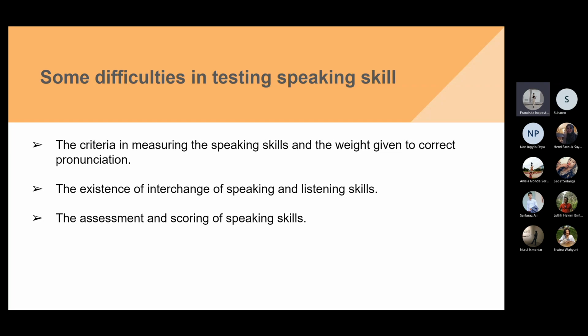And in spite of the difficulties in testing the speaking skills, speaking tests can be a source of beneficial backwash, unless it's tested at a very low level, such as reading aloud, which will be explained in the next slide.